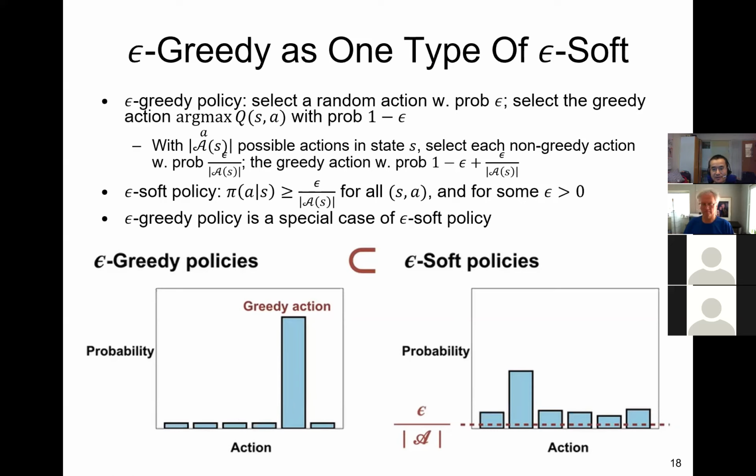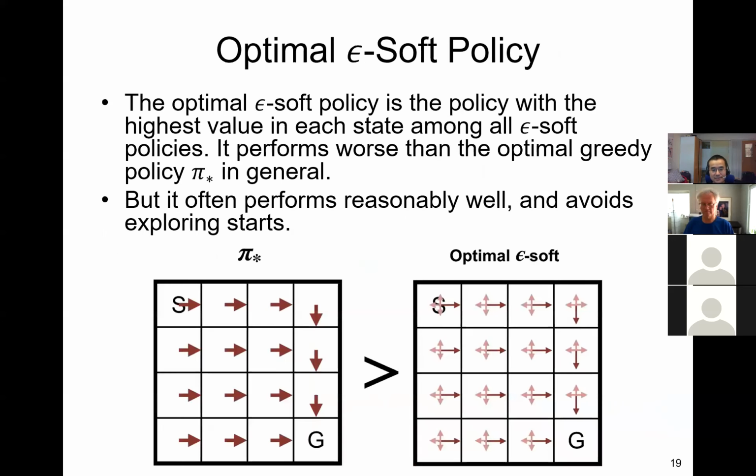So it's a more general form of policy specification. Epsilon greedy is a special case. So you may think of a softmax with additional lower bound, for example, could be a soft policy, but just the softmax doesn't give you a lower bound on the probability.